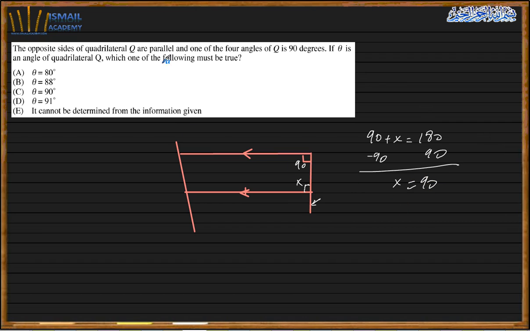So if theta is an angle of the quadrilateral, theta can be equal to 90. This is for sure. We may have other angles somewhere here, but what is always true is that the 90 is always there.